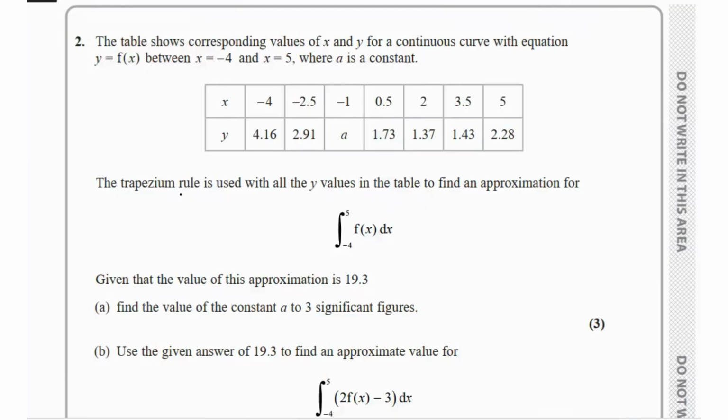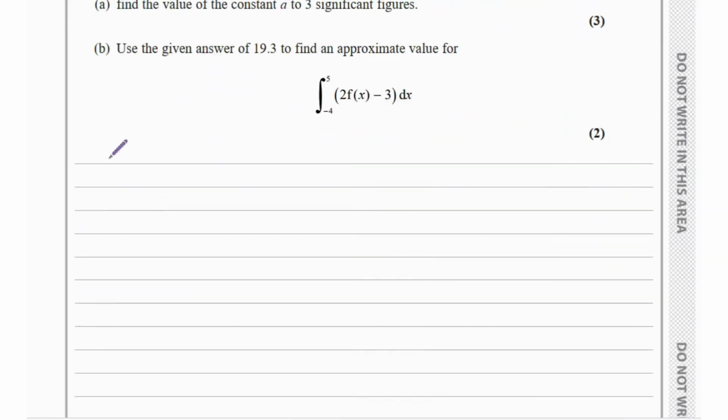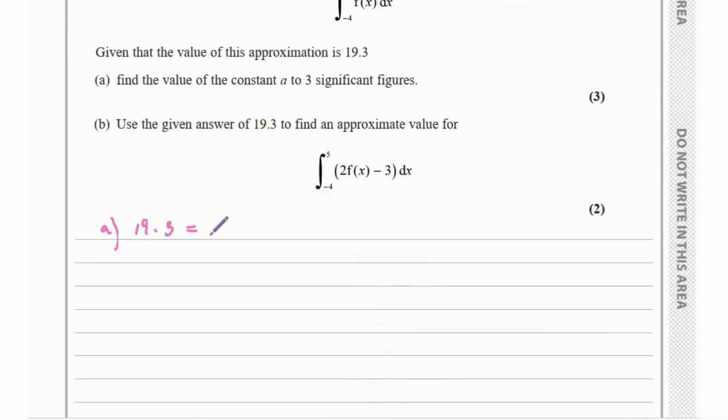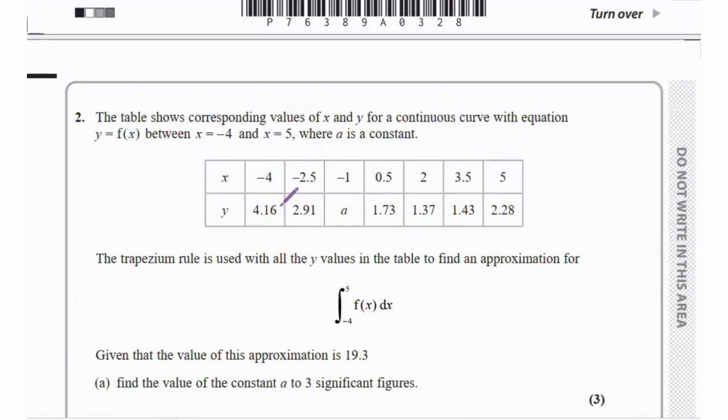So for that, what we do is we create an equation where 19.3 equals h over 2. h is going to be the difference between any two consecutive numbers. So if I do 2 minus 0.5, that's 1.5. So 1.5 over 2 times... For that, we use the first value, add it to the last value, and then we do plus 2 times all the middle values.